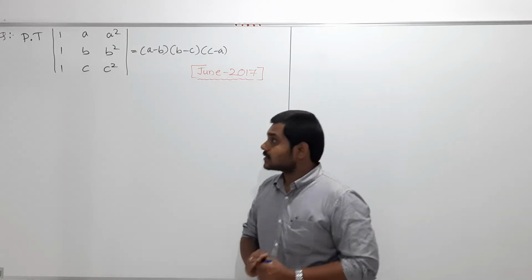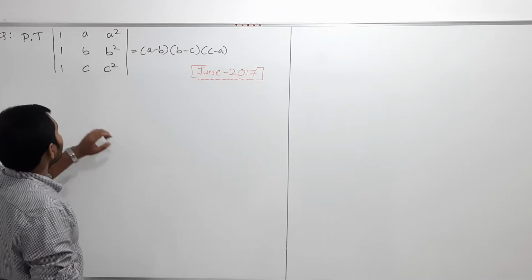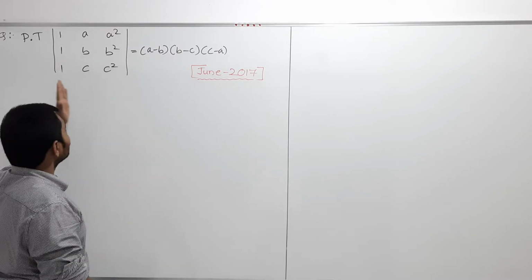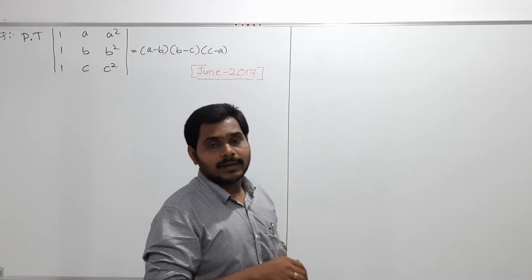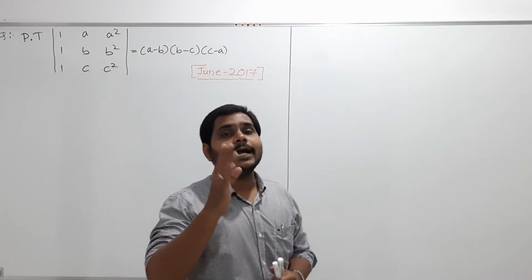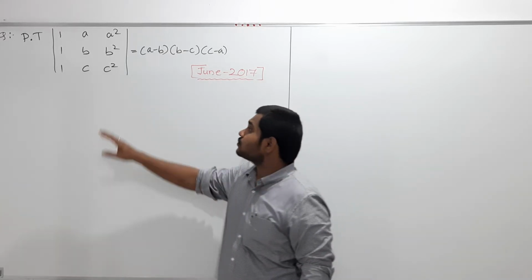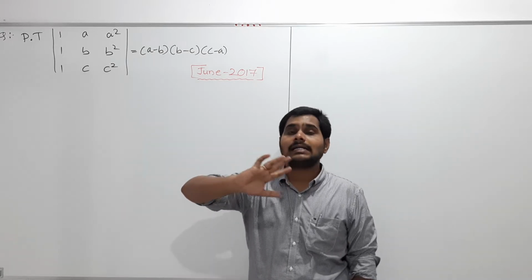I told you that whenever we have the elements 1 1 1 in a row or in a column, try to make those elements 0, because then you can expand easily.